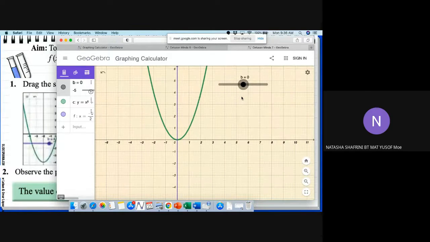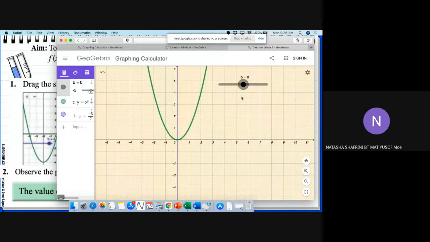Okay, size dia tak berubah. Dia tak jadi lebih sempit ke? Dia tak jadi lebih luas ke? Tak. Apa yang berubah kalau you nampak? Position, yes. Bila position dia berubah, automatically our axis of symmetry berubah. Our minimum points pun akan berubah. Coordinates of point akan berubah.